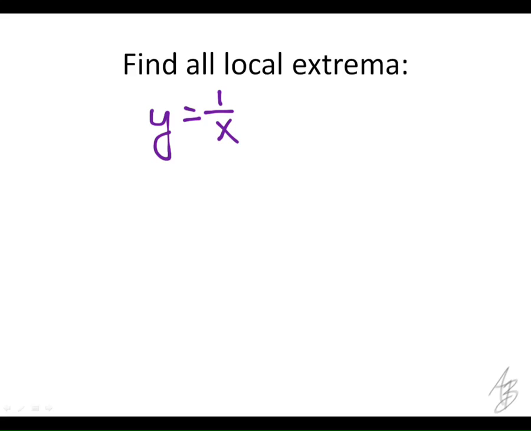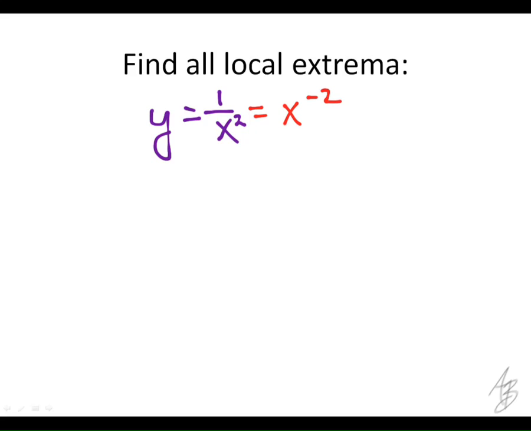But let's look at y. Actually, let me change this, because I want to get a misleading answer here. You know how I like to do stuff like that. What's the first thing we're going to do? Take the derivative. And to do that, I'm going to rewrite the function to start.